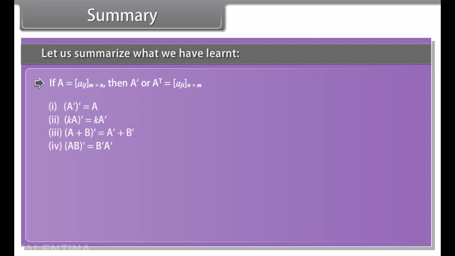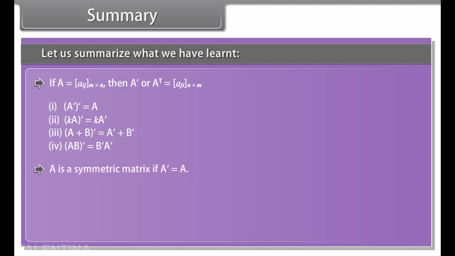Transpose of the transpose of matrix A is equal to matrix A. Transpose of k into matrix A is equal to k into the transpose of matrix A. Transpose of matrix A plus B is equal to the transpose of matrix A plus the transpose of matrix B. Transpose of matrix AB is equal to the transpose of matrix B into the transpose of matrix A.